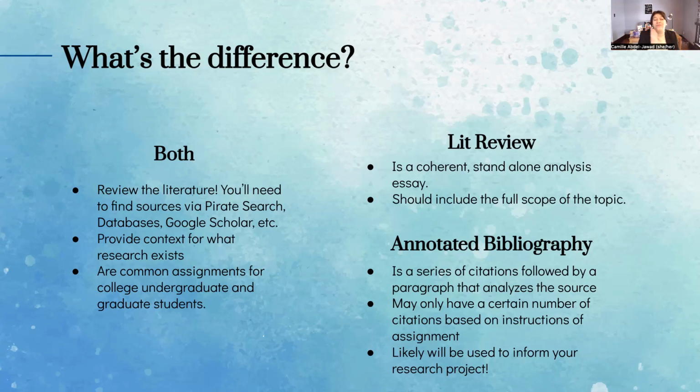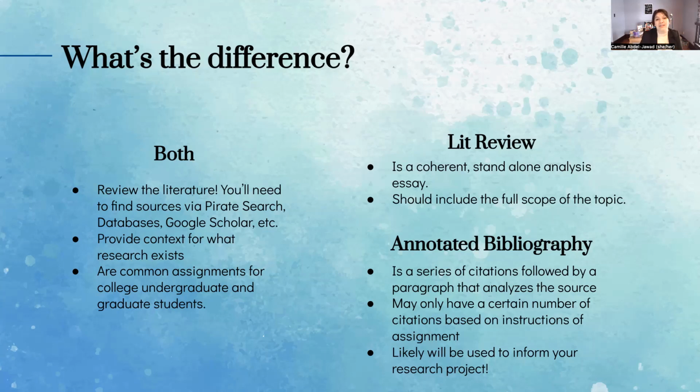This is usually a first step in further research, like we talked about earlier, right? So that's really important to know. It's not a standalone coherent thing. It is really just a series of citations followed by some paragraphs on it. Another key difference is there may only be a certain number of citations that are required for you, right?